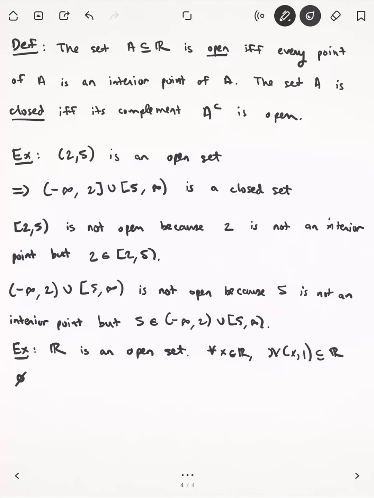Now, interestingly, the empty set is an open set. By a vacuous argument, there's nothing in it, and so I can clearly construct a neighborhood of nothing and still say that that's a subset, because I'm talking nonsense. And so just by this nonsensical argument, you can say that the empty set is an open set.